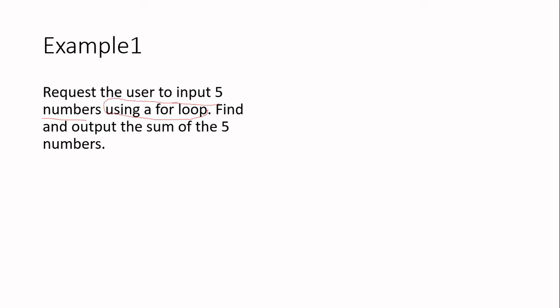Well, if I don't use a loop, then I could have a variable called num1, and I could use the input statement and convert that to an integer and say enter number 1.